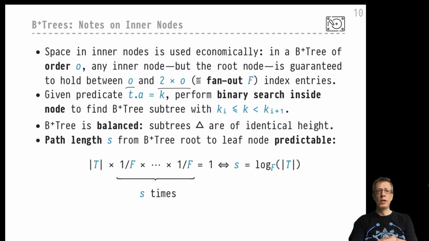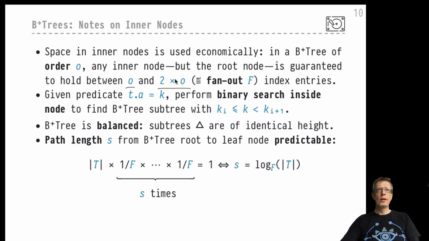No B+Tree node will be less full than 50%. O represents 50%, 2O represents 100%. Indeed, we find that the typical degree of occupancy inside such an inner B+Tree node is about 67 to 70%, which lies between O and 2O.